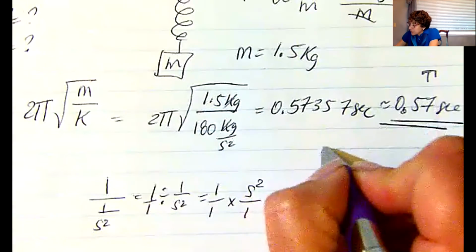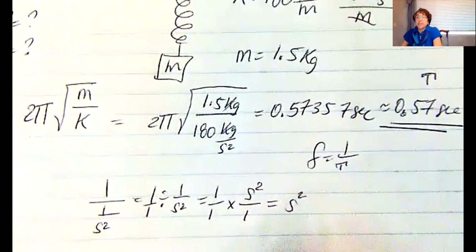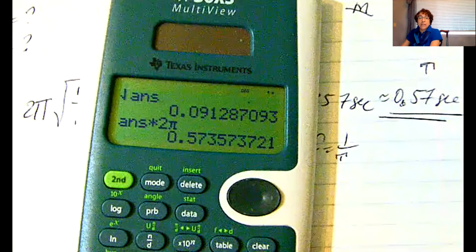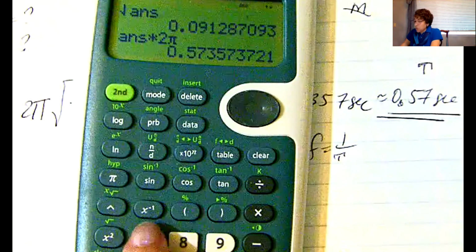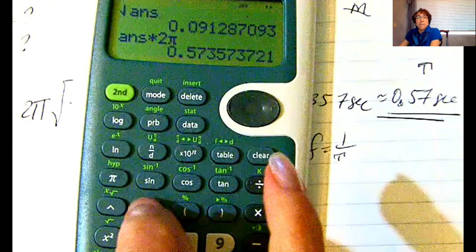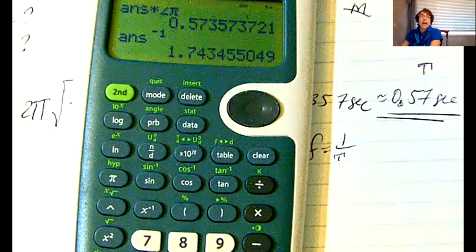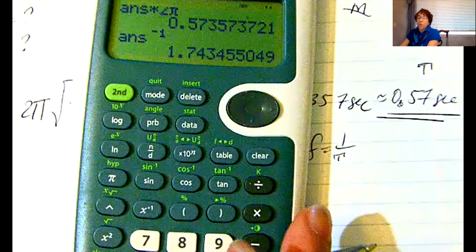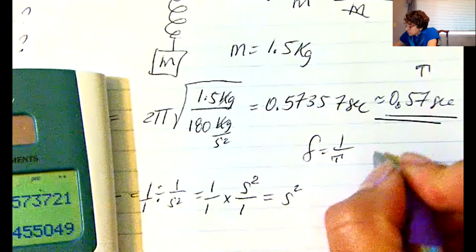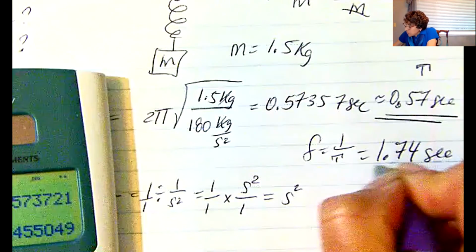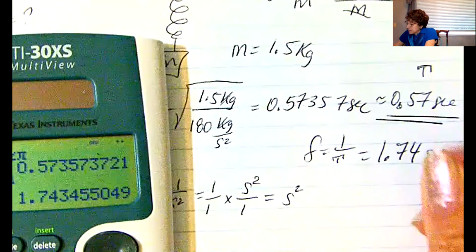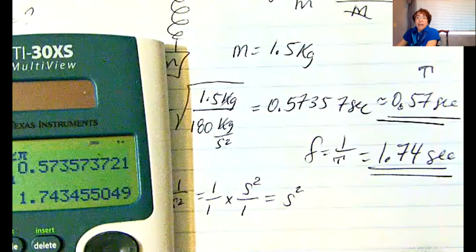Well, the frequency is just 1 over the period. So I leave that in my calculator and I say, please give me the inverse. You guys know that, x to the -1. Give me that. And I have 1.743. So the frequency is 1.74. Now, what are the units?